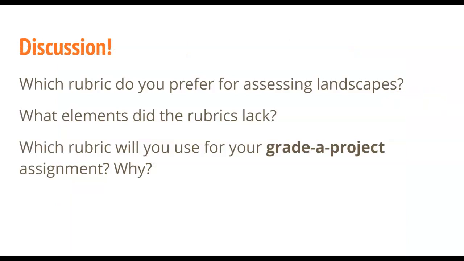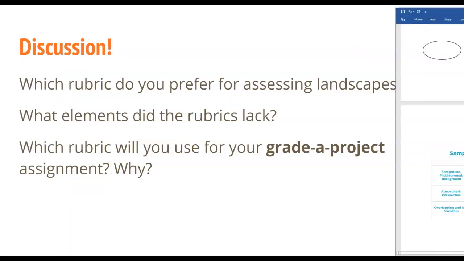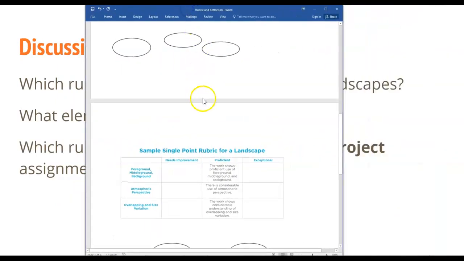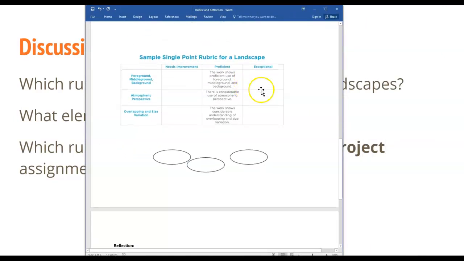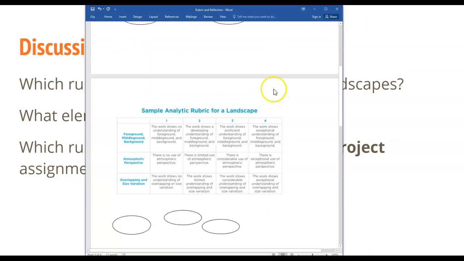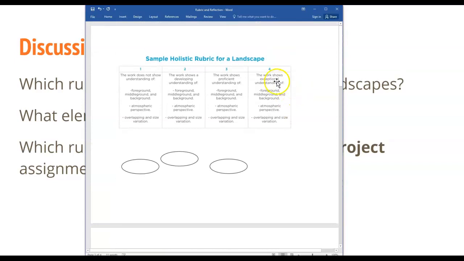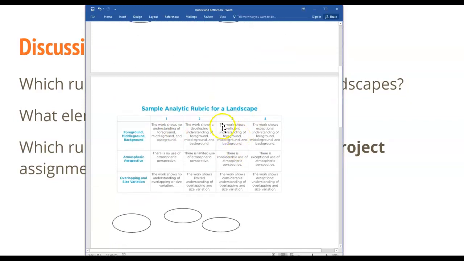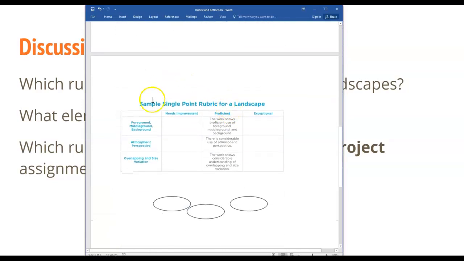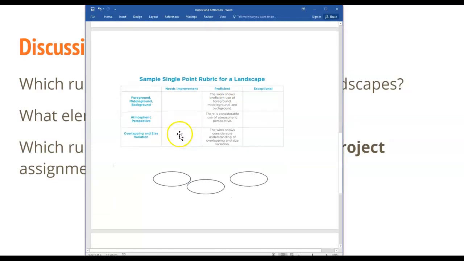Now, as we move into the reflection phase of this, what I'm asking you to do is to just think about the way that you used each of these rubrics, recognizing that the language is not perfect. What I want you to think about is actually using the holistic rubric, actually using and engaging with an analytic rubric, and actually using and engaging a single point rubric.